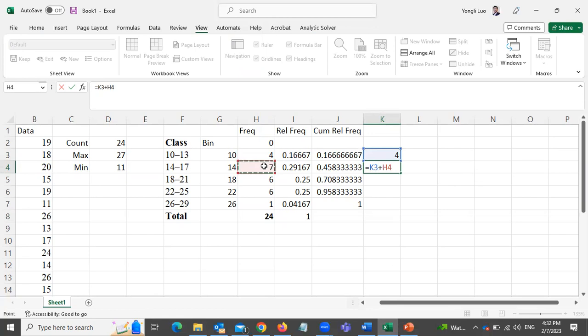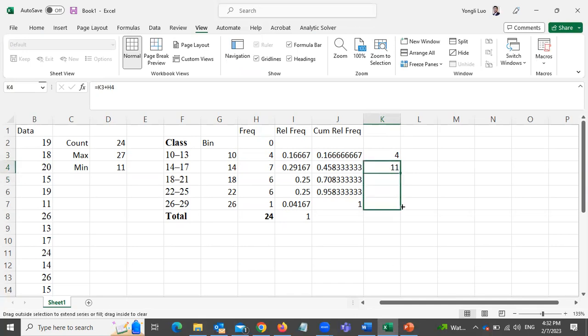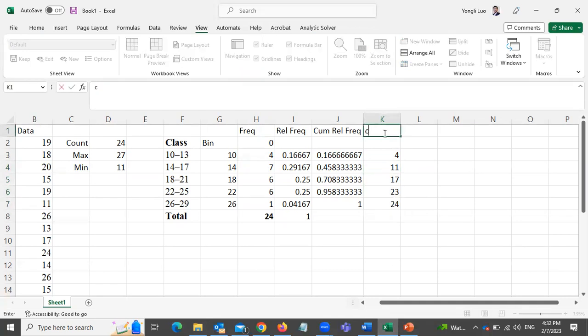Apply that formula all the way down and you should get 24. That's a cumulative frequency, not a relative one.